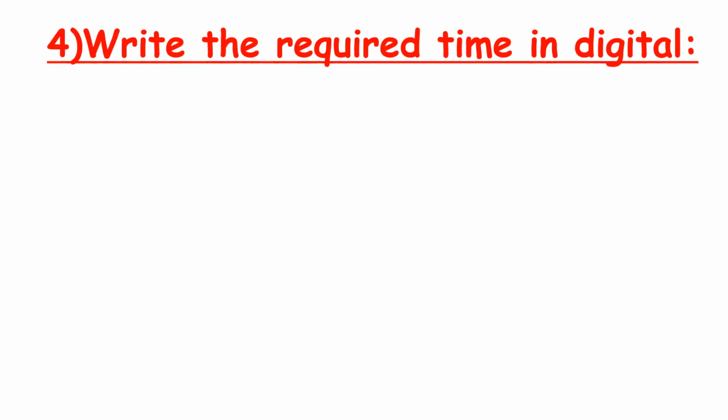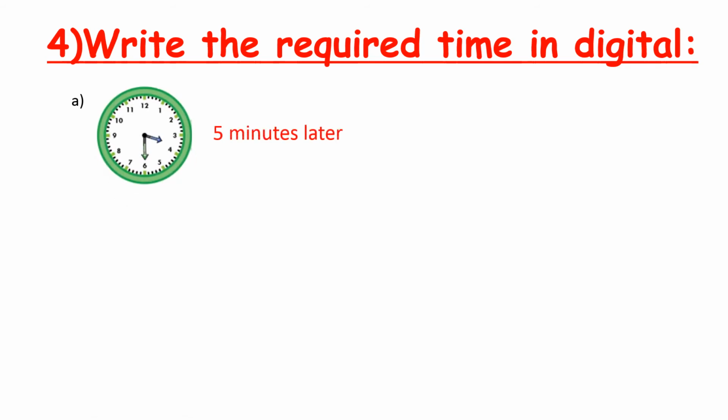Here we're gonna write the required time in digital. So here the time is 3 and the long hand at 6, so it's 30 minutes. So the time here is 3:30. So here he wants 5 minutes later.